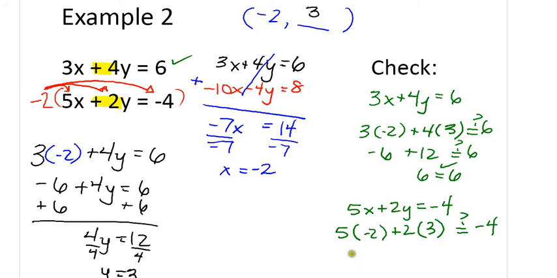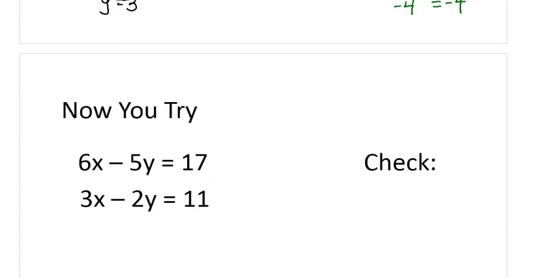This is negative 10 plus 6, I think is equal to negative 4. And indeed, negative 10 plus 6 is negative 4 equals negative 4. And here I can put the check. And I know here now that, in fact, negative 2, 3 is a solution to this system of equations.